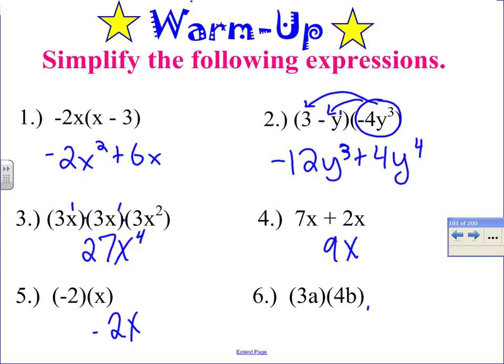No, you're rewriting the problem. Alyssa? Good job. 12AB. Multiply the coefficients, mush the variables together, because they're not like terms, so just leave them next to each other. Annalise? Okay, but there's not a plus sign. This is multiplication. No plus sign. There's an invisible multiplication symbol between them. You're not adding anything. It's all multiplication.